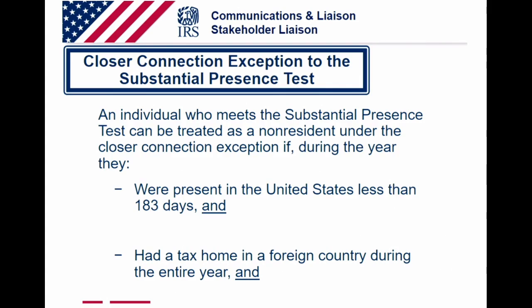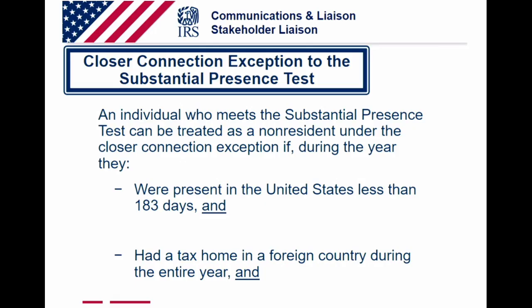Okay, thank you, Kathy. Now, under the closer connection exception, even if an individual meets the substantial presence test, as you know, we're looking at 3 years, right? As Kathy just explained, it spans a 3-year period. So if a person meets that test, they could still be treated as a non-resident of the United States if during the year you're looking at, meaning the year you're filing the return for, all of the following are true.